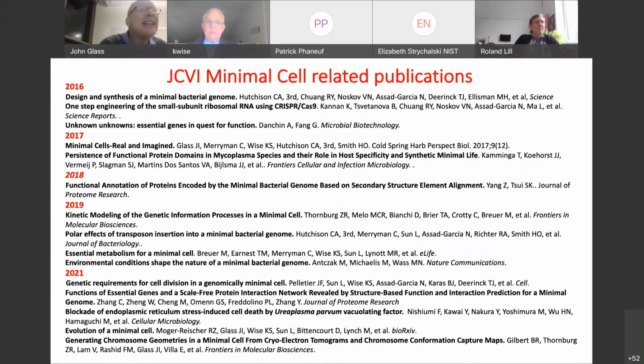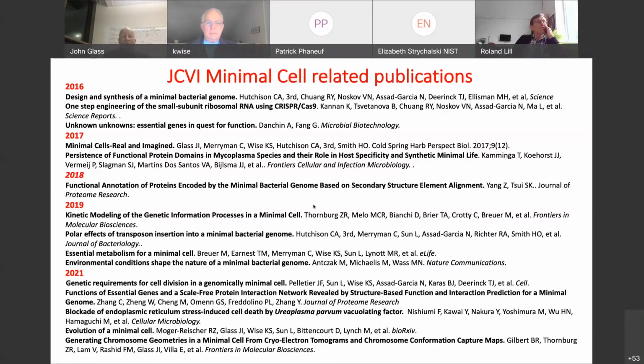So since we published the paper in 2016, there are now, I think in this slide you can see, 15 published papers using the minimal cell or directly focusing on the minimal cell.